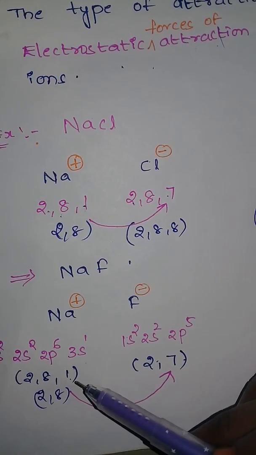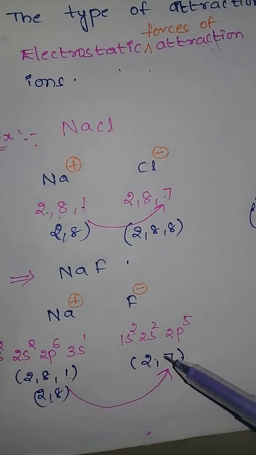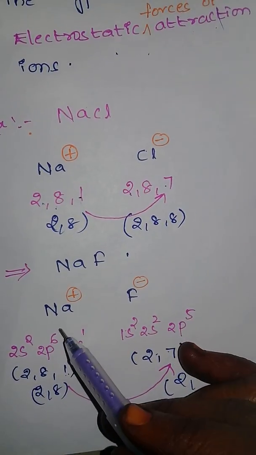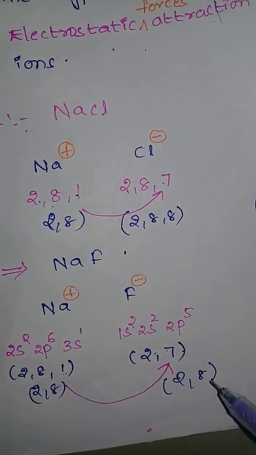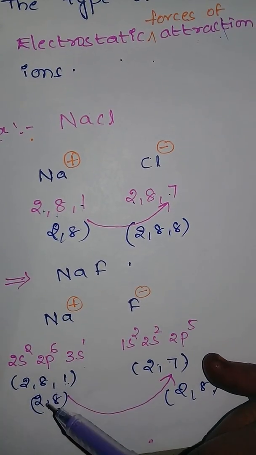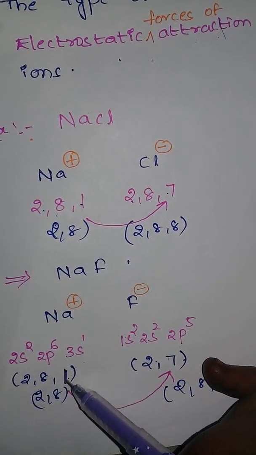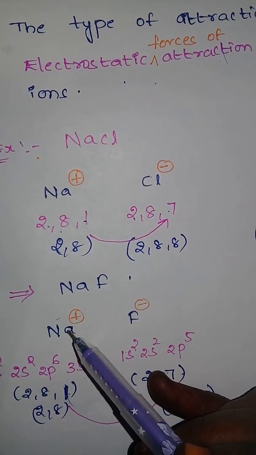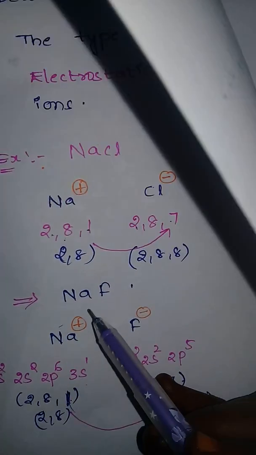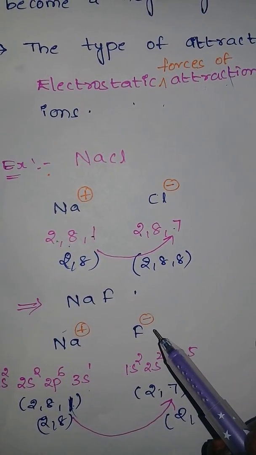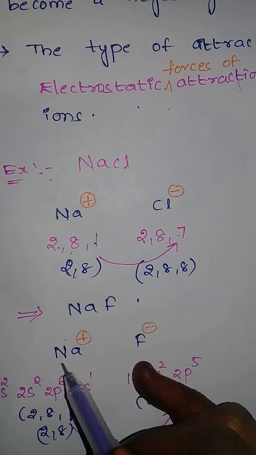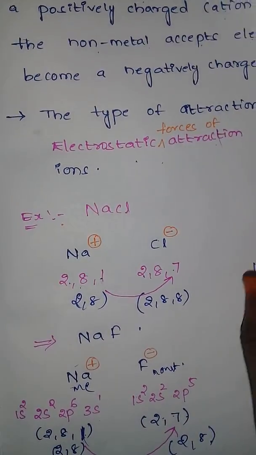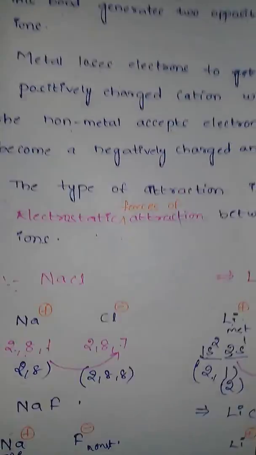So the electron transfers from sodium to fluorine, and fluorine attains 2, 8 configuration and sodium also attains 2, 8 configuration. Here one electron is transferred to the fluorine. The element which loses electrons attains positive charge and the element which accepts electrons attains negative charge. Sodium is metal and fluorine is non-metal. Like this the ionic bond is formed.